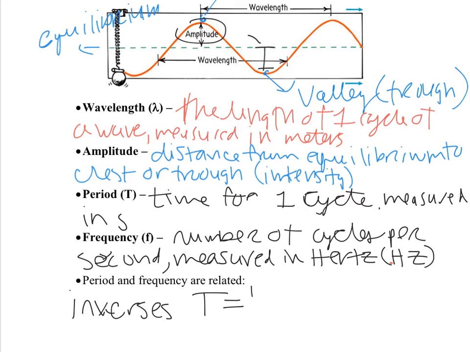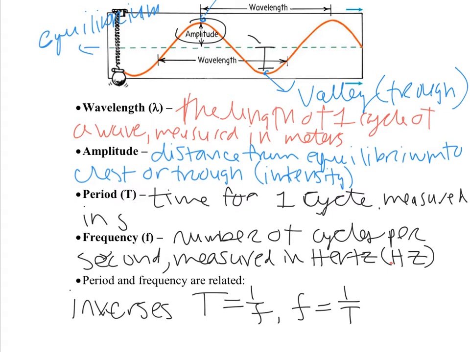So T equals 1 over F, and F equals 1 over T. So in other words, the period would be the time that it takes for a wave to go from crest to the next crest at a certain point. The frequency would be how many times in a second the wave passes through. So they're inverses of each other. Pretty simple to use. Again, none of this is very, very complicated when it comes to algebra.